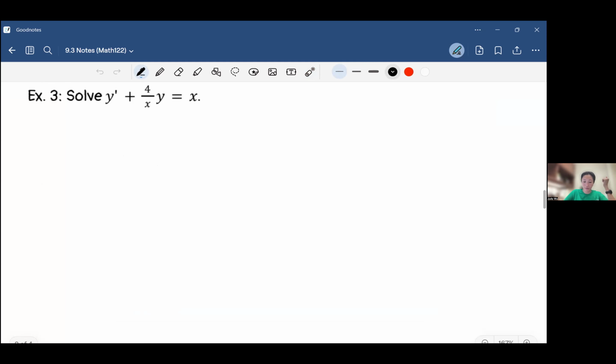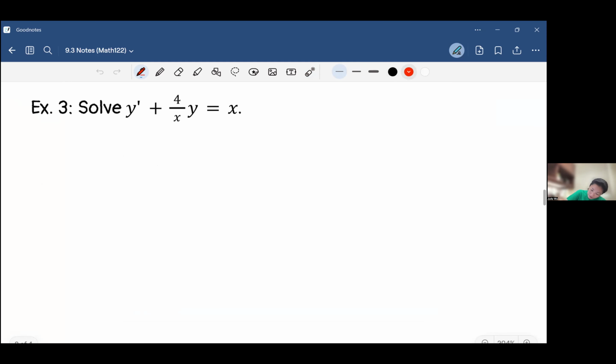So, example number 3 says solve the differential equation y prime plus 4 over x y equals x. Now, I'm going to go ahead and write down step number 1 and the form that we're trying to match it to.